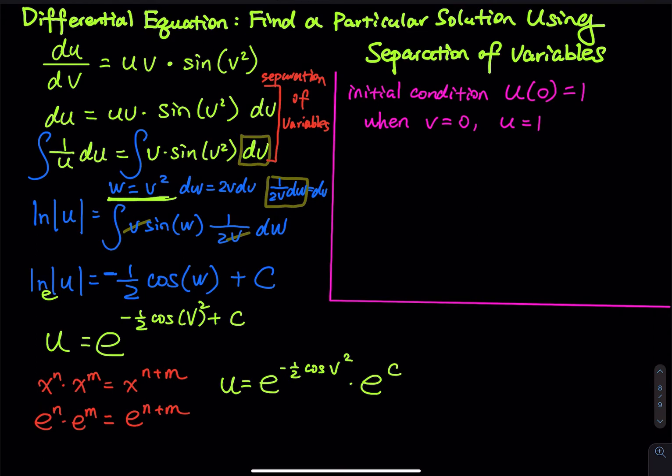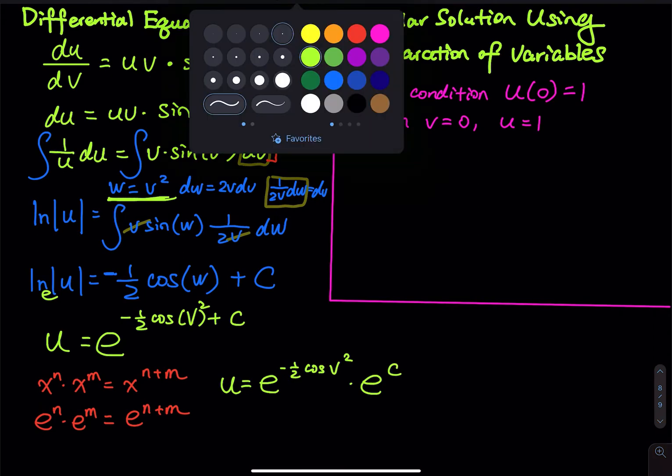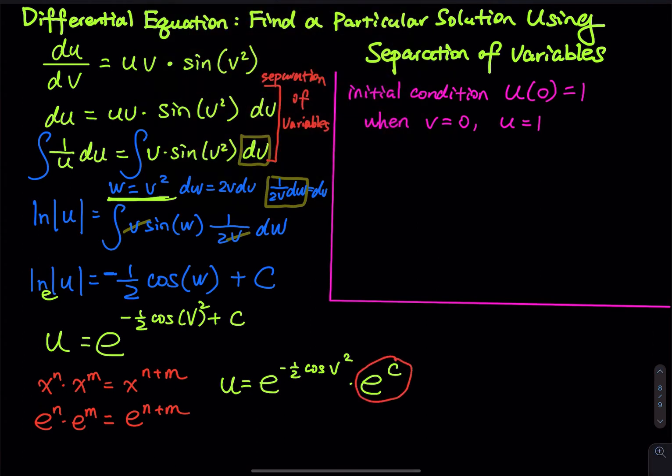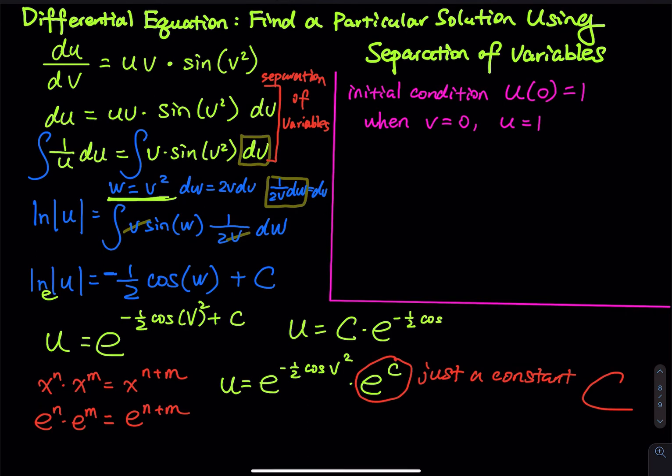And then the e to the c is just a constant. I always call this a big C. So you have e raised to some power times a very big C. So at the end of the day, u equals a big C times e to the negative 1/2 cosine v squared.